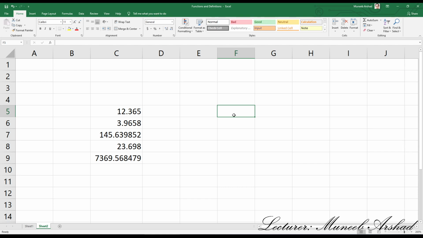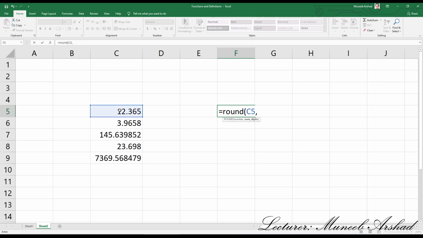So in order to do this, we put in an equals to sign, we type in round, and we open up the bracket. Now we get to see the requirements for this function, which is you need to specify the number, which is going to be in this case C5.